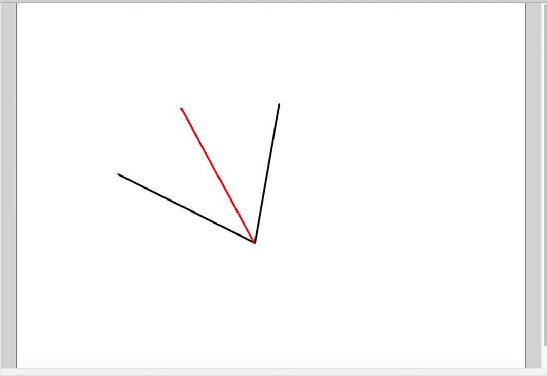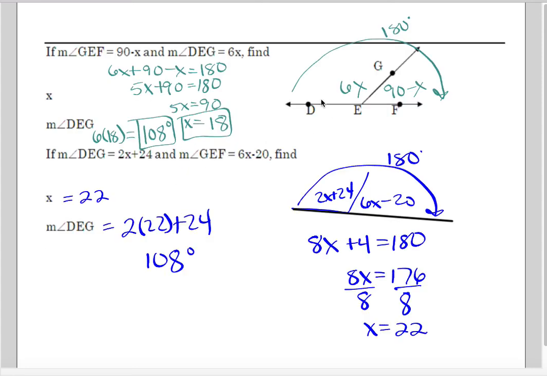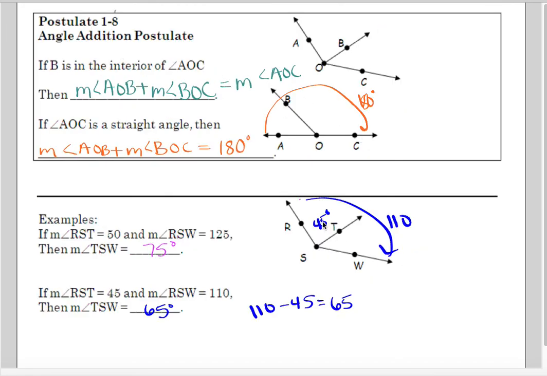And so this would be kind of how your picture would look, where these two are congruent, and whatever expression is here would be equal to the expression over here. So this would be a matter of setting them equal and solving, whereas here you're adding them together to a total degree measure. Same with these, where you added them to a total degree measure that they gave you.